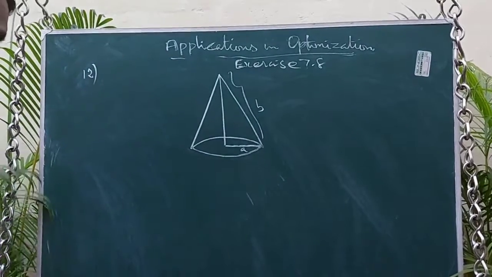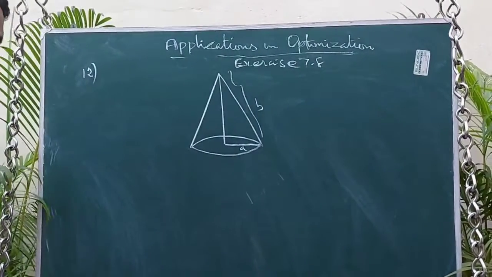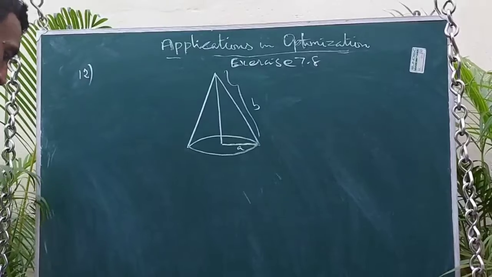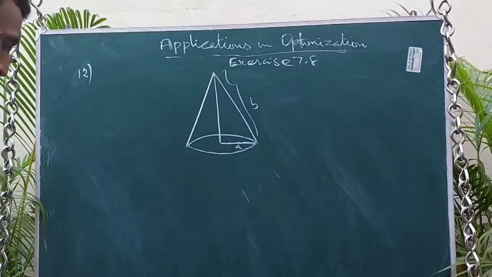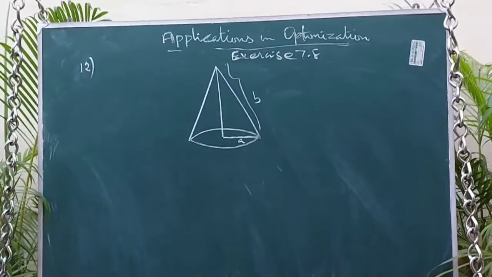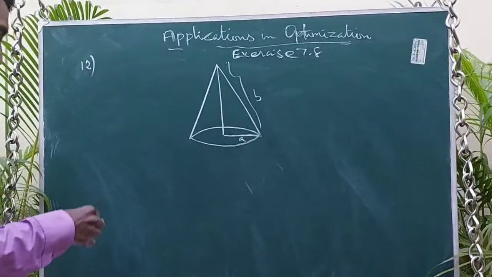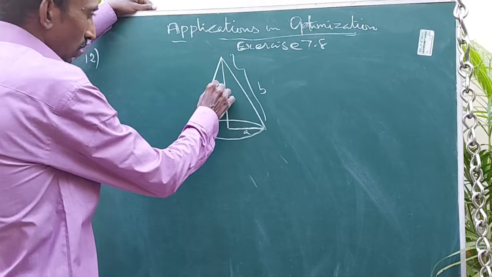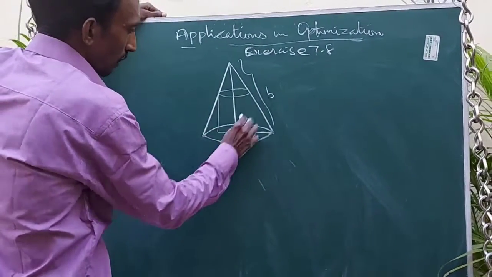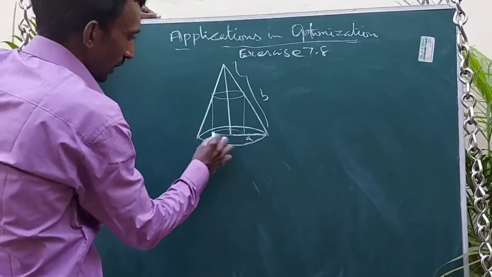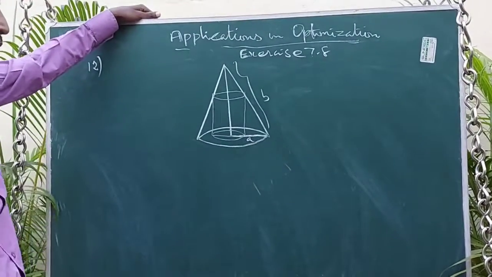So that the volume of the largest cylinder that can be hidden underneath is 4 by 9 times the volume of the cone. So we have to insert a cylinder of maximum possible volume in the hollow cone.